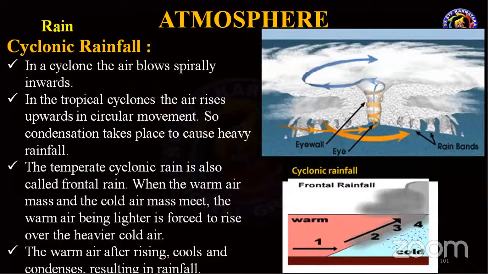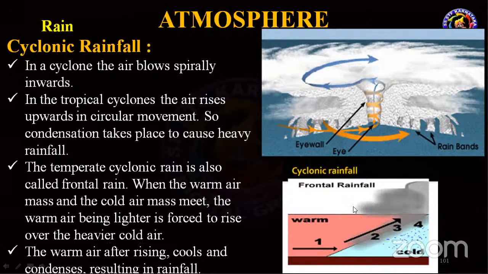The temperate cyclonic rain is also called frontal rain. When the warm air mass and the cold air mass meet, the warm air, being lighter, is forced to rise over the heavier cold air.